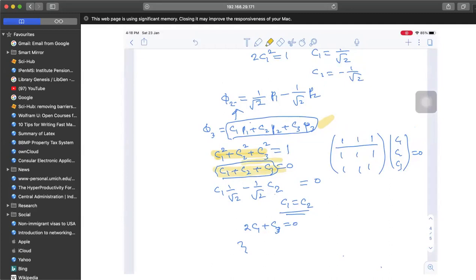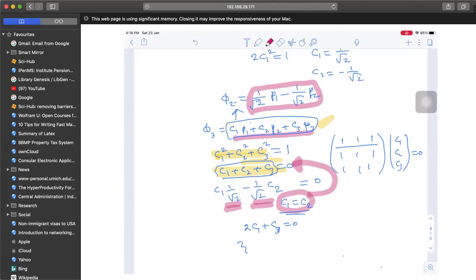And then you say that this molecular orbital must be orthogonal to the previous molecular orbital. It has to be orthogonal to this orbital. That implies that C1 into 1 by root 2 minus C2 into 1 by root 2 must be equal to 0, which means that C1 must be equal to C2. And if C1 is equal to C2, you can put it in here.